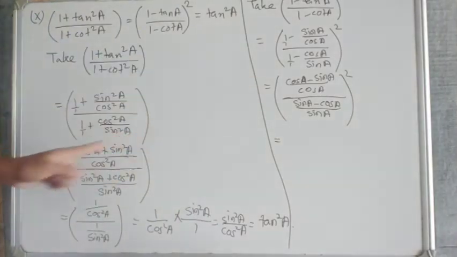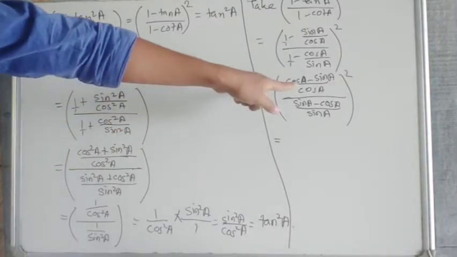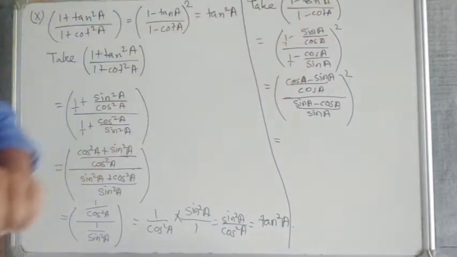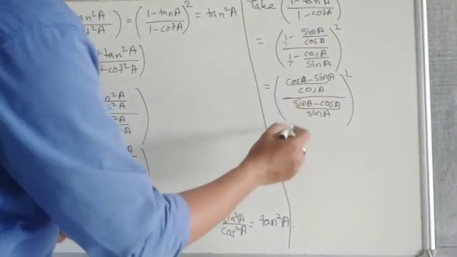It's not like here, where cos square A plus sin square A became 1. Here it is not cos square A, sin square A; it is becoming cos A minus sin A, so we cannot do anything with this. So we'll just take the reciprocal.